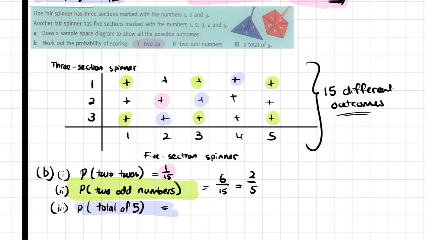That's it. Is there any more? No, that's it. 4/15? Let me recount: so 3/15, which is equal to 1/5. How? Divided by 3, divided by 3. So let me show you the ones before as well. Divided by 3, divided by 3. Because we simplify it. And that's how you use a sample space diagram.